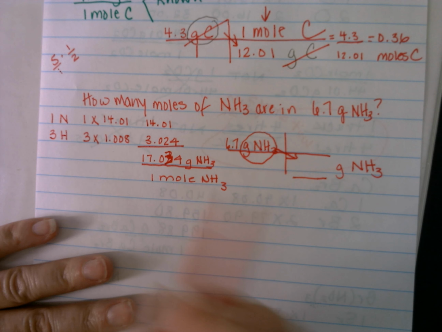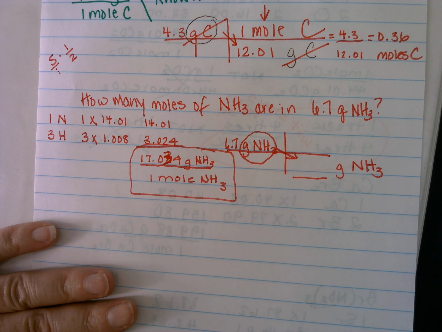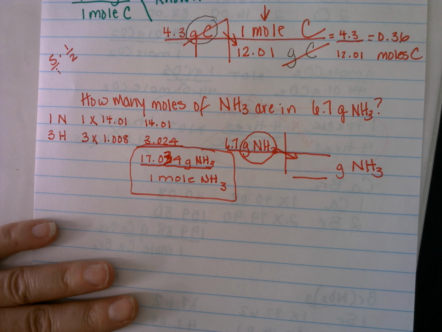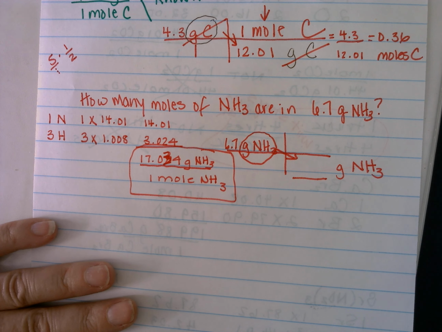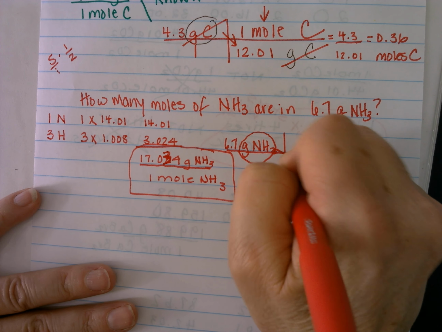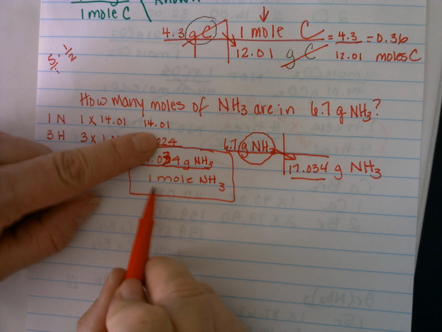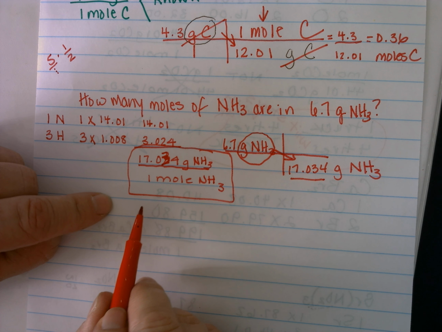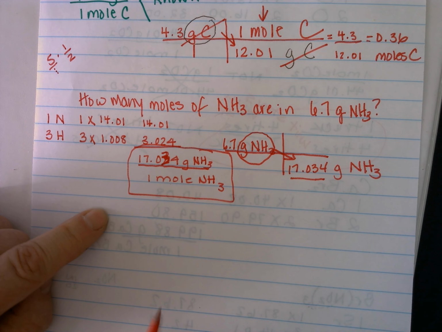We're going to look here. And remember, rule number 2 is the unit and the number must stay together. Yes, it's going to be 17.034 because we do not want 1 tire and 4 trucks. We want the unit and the number to stay together.